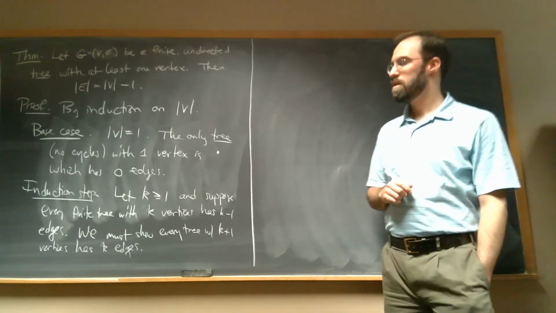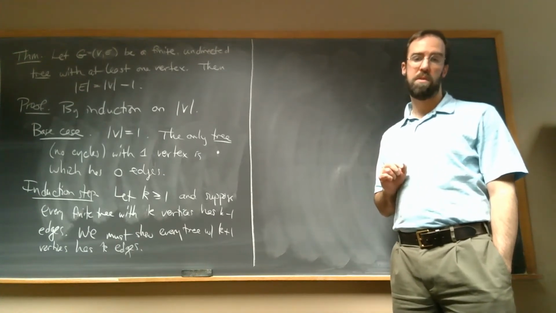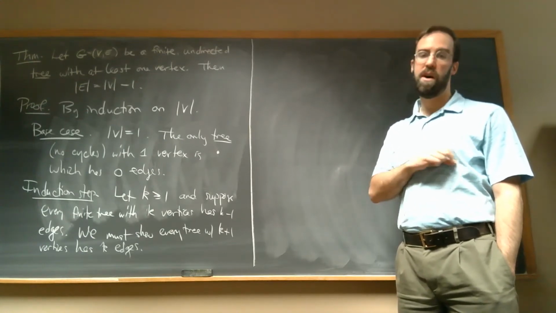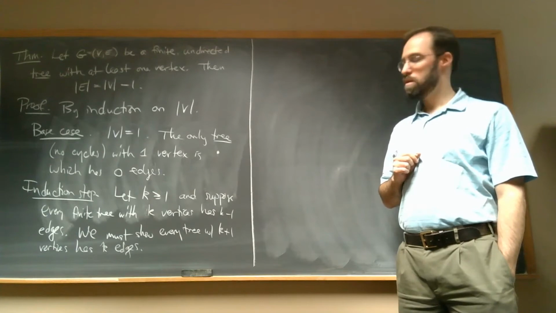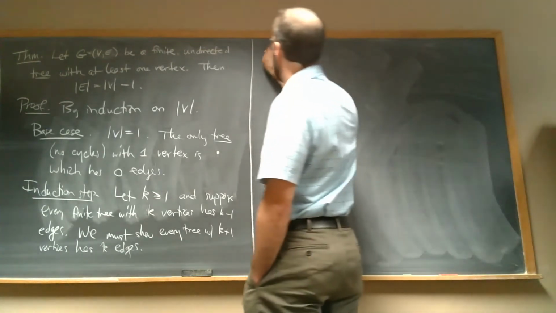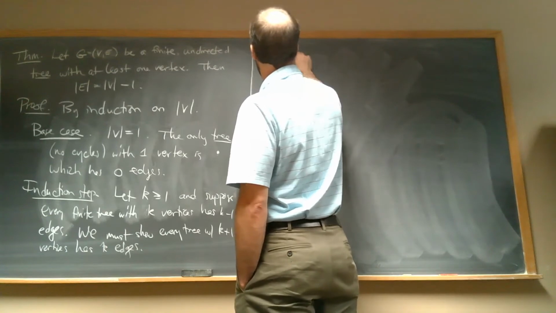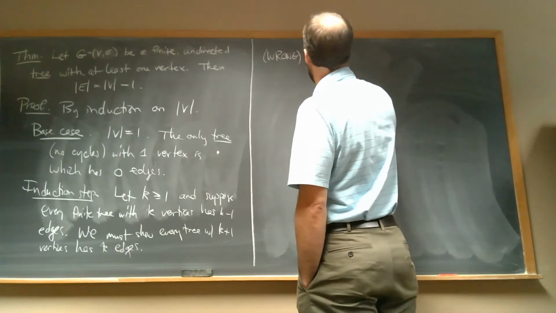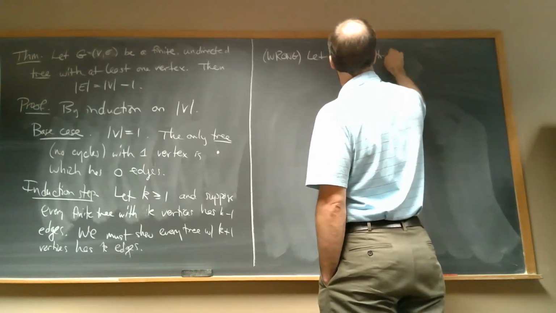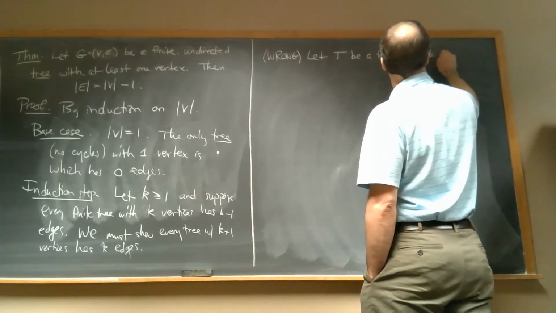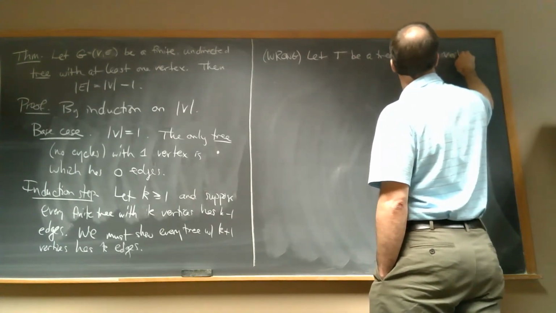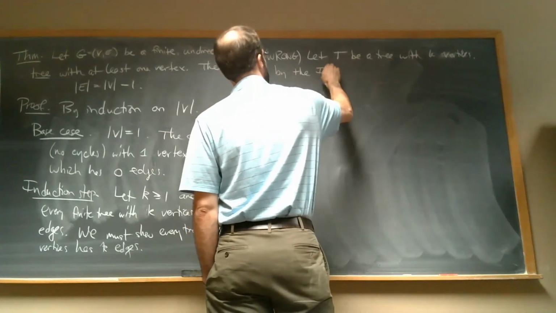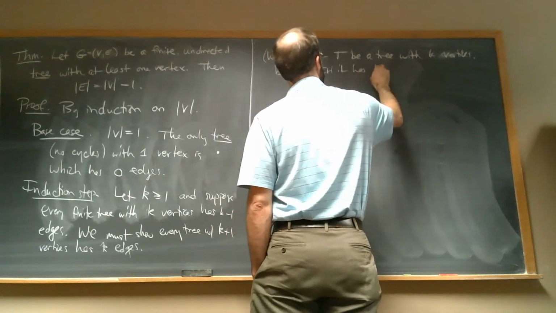So I'm going to first show a wrong way to do the induction step. We talked about this a little bit in class the other day, and this is a very common wrong approach. So, this is wrong. I say, all right, let T be a tree with k vertices, and then by the induction hypothesis, it has k minus 1 edges.